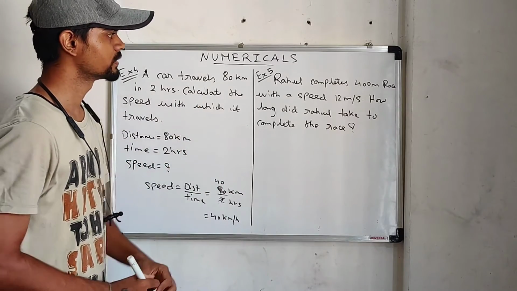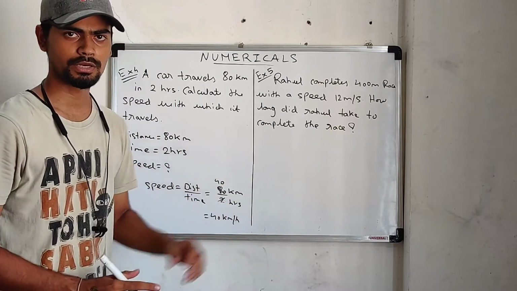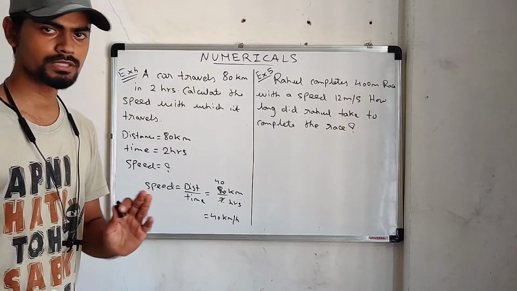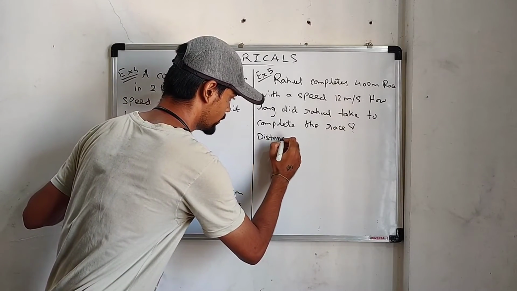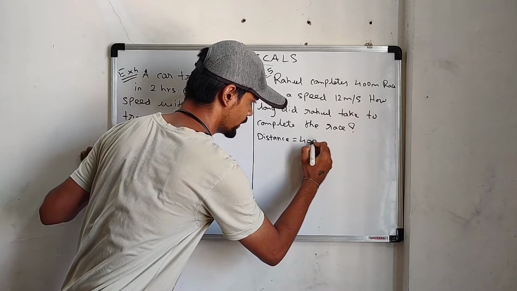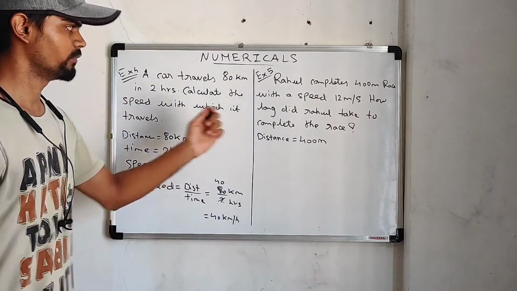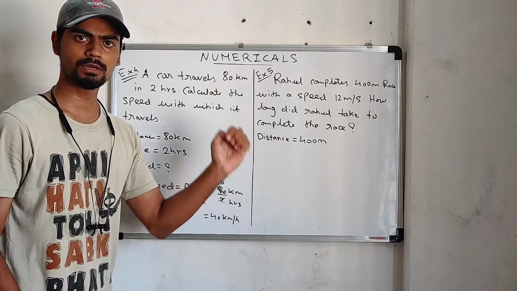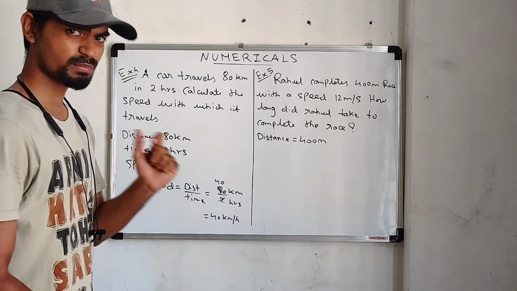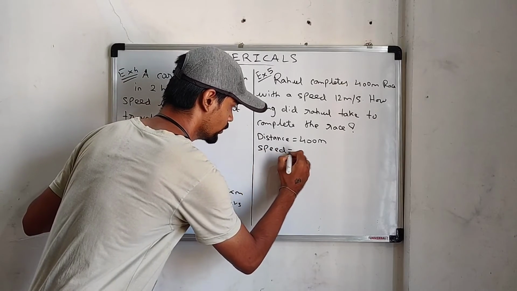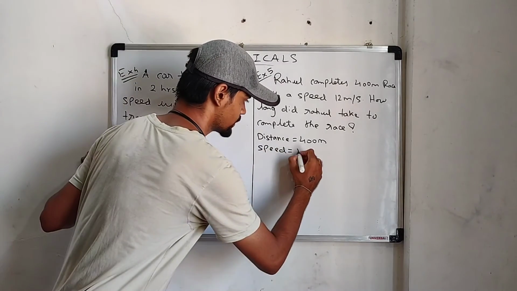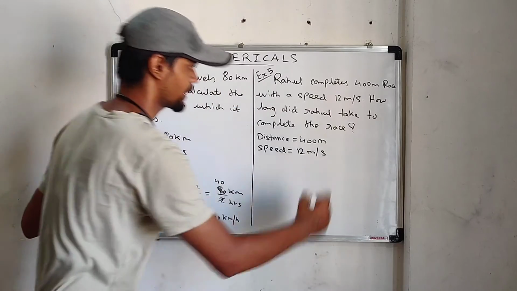Rahul completes 400-meter race. So here the distance is given to us, that distance travelled by Rahul is 400 meter with speed 12 meter per second. So in this case speed is given to us. Okay, so speed of the Rahul by which he is running, that is 12 meter per second.